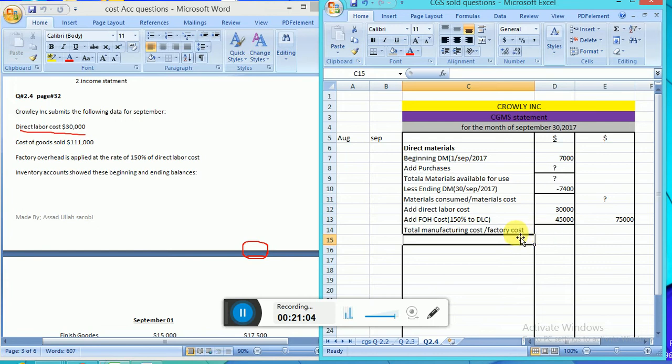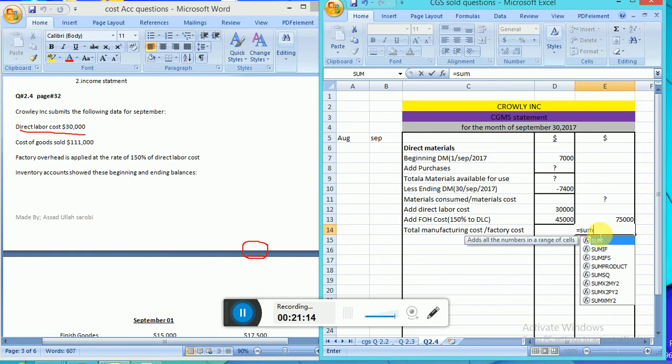So now total manufacturing cost or factory cost will equal what? Direct material cost plus direct labor cost plus factory overhead cost.